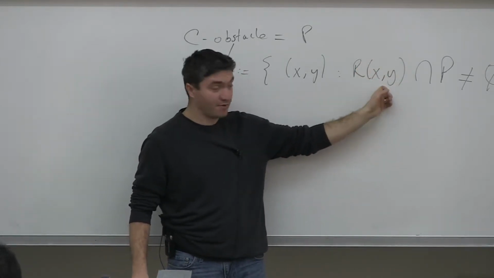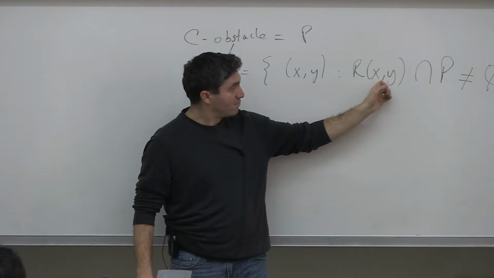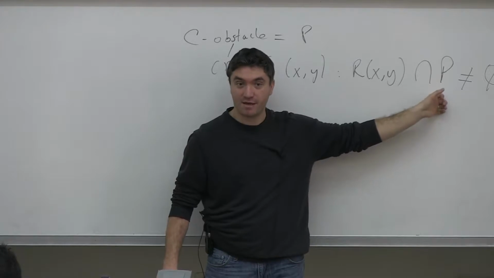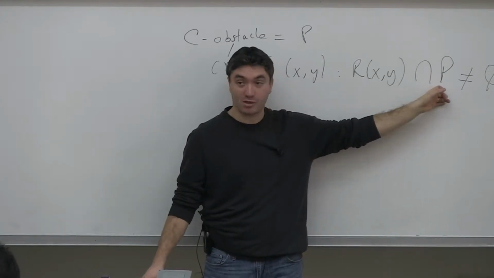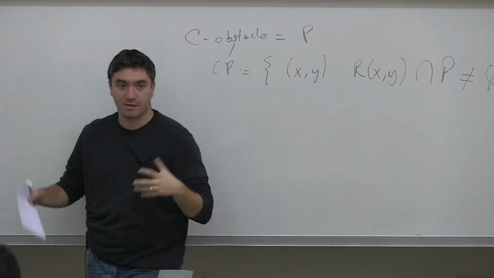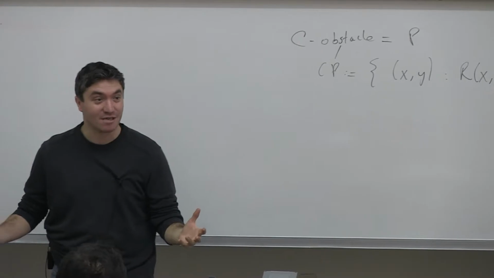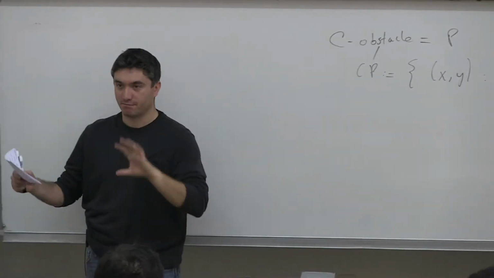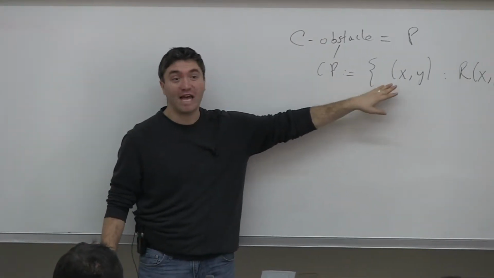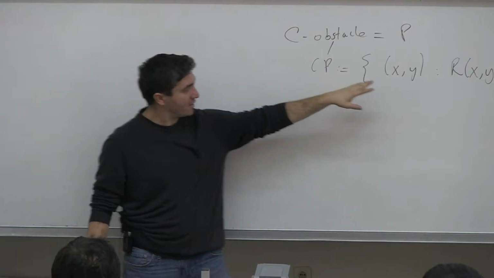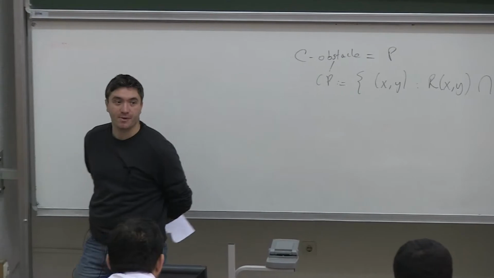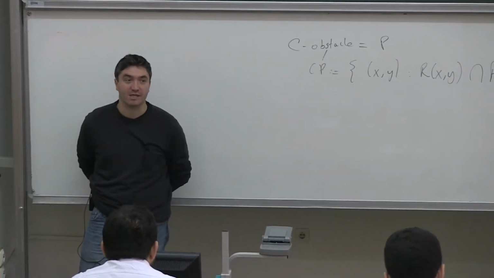So if this configuration makes the robot in the workspace intersect with this obstacle polygon, then this xy is a forbidden configuration in the configuration space. So all such sets of points, all xy in which the robot intersects with that polygon, is going to be the configuration space obstacle corresponding to that polygon.